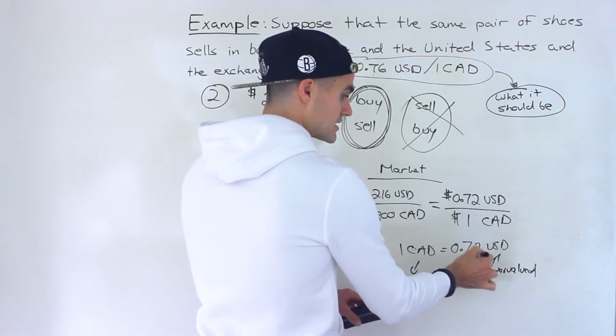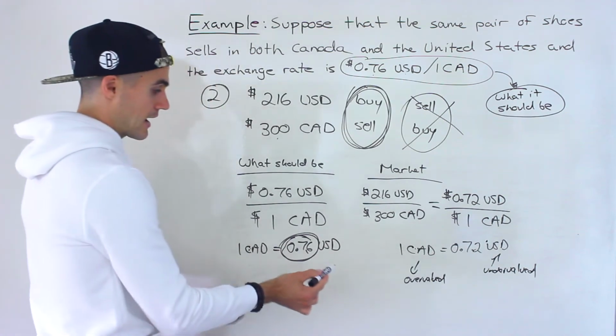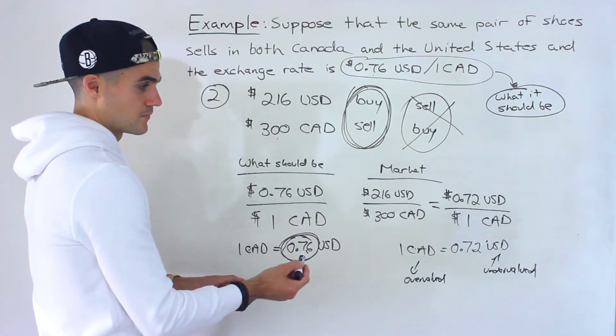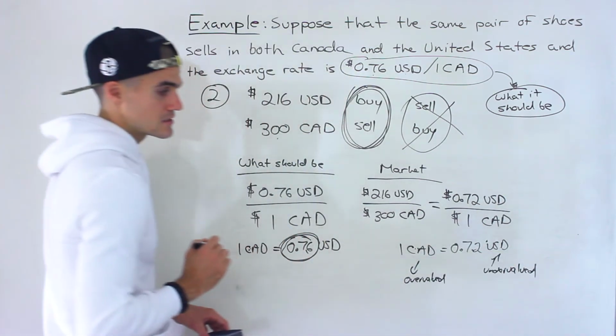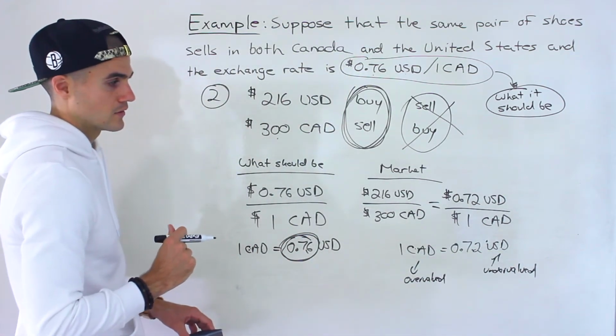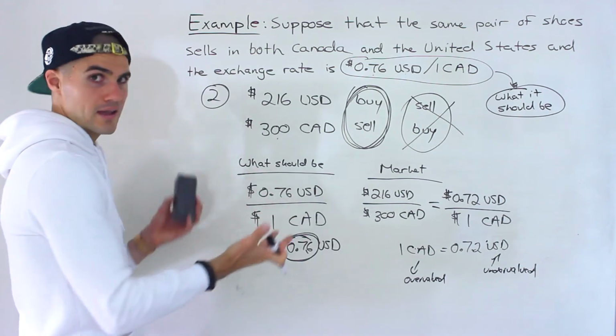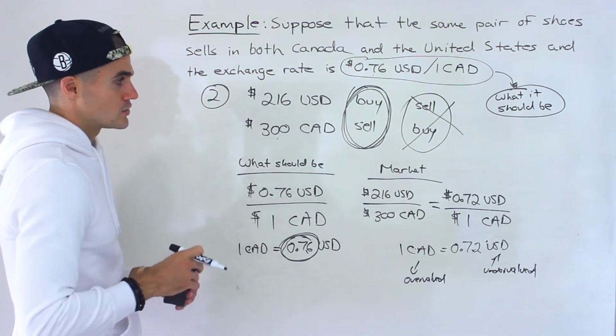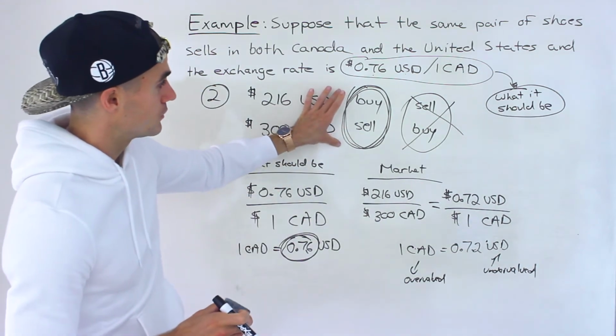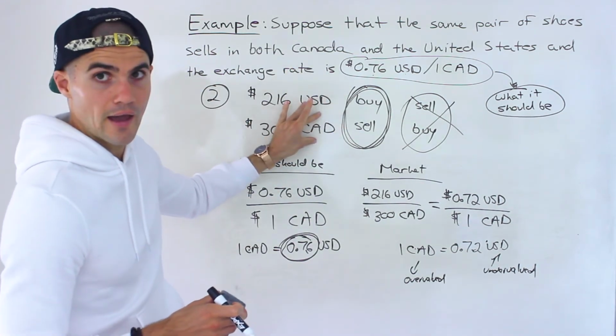So it's taking less USD to get the same CAD versus how it should be, right? Meaning that the CAD is overvalued, the USD is undervalued. Okay, so different ways, this is why I said this is going to take a little longer, to come up with this same conclusion that we want to buy this and sell this.